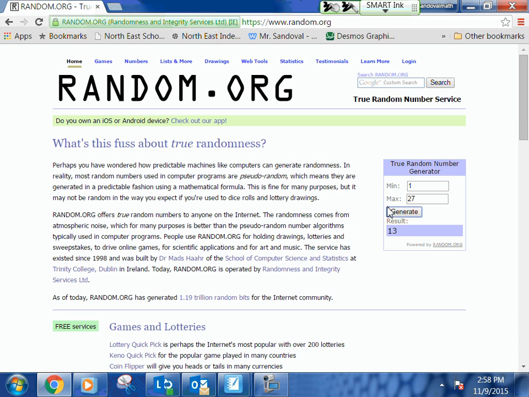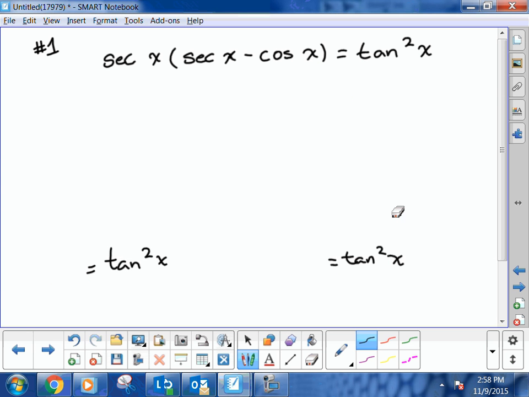Reagan, give me one of the identities related to tangent squared. This time I'm just going to change them to x, because that's what they have in here. The other one that we developed was the one with the sine squared theta over cosine squared theta.